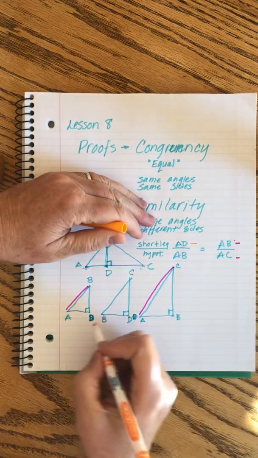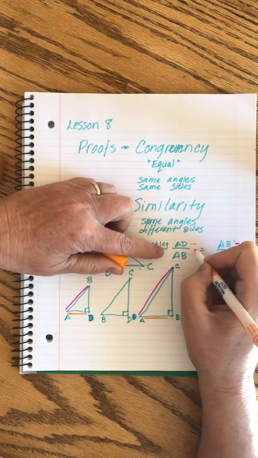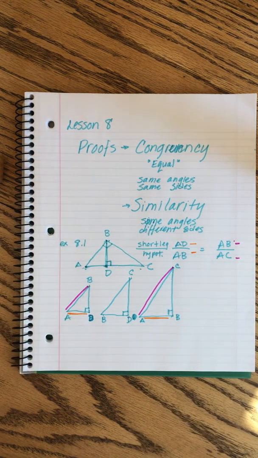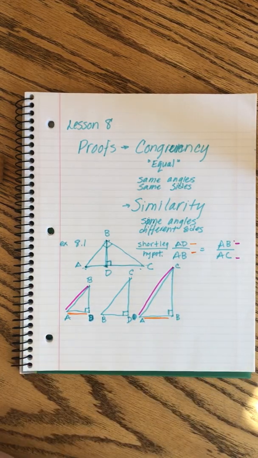And AD is proportional to AB. Okay, so that's the orange and the red. So all of this work was just to understand what the problem is.